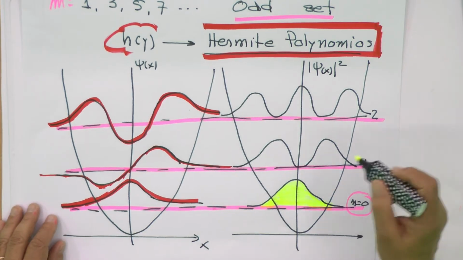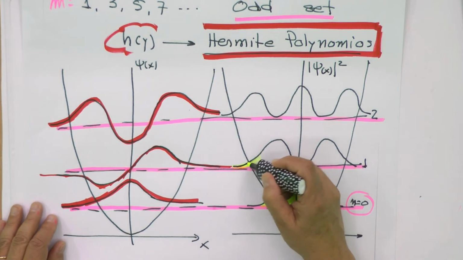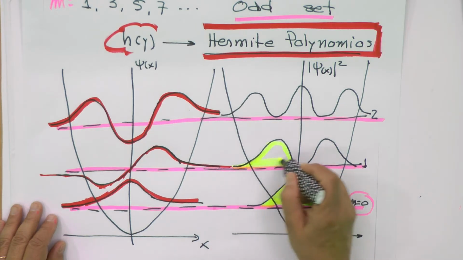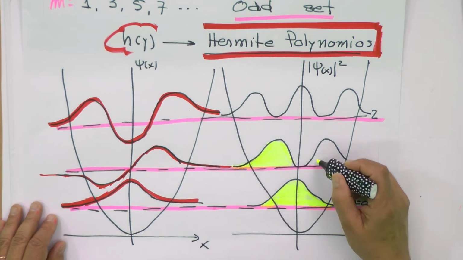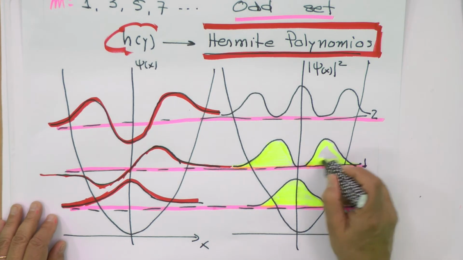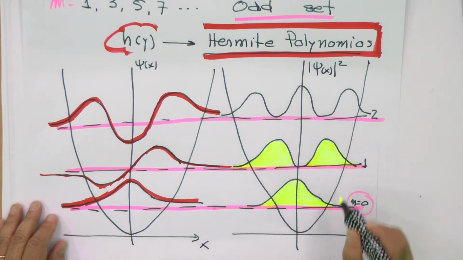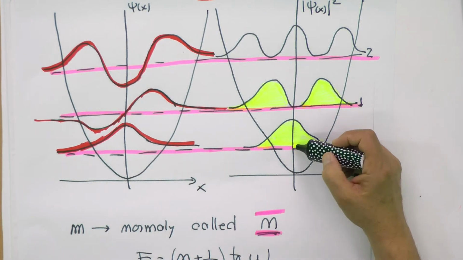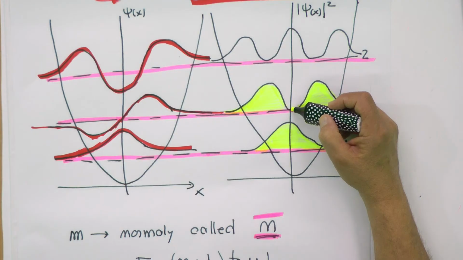If I go to the first excited state, what I get is 0 in the middle. So if I'm going to find this particle oscillating here, the probability of finding the particle in the center is maximum for this state, and for this state it is minimum.